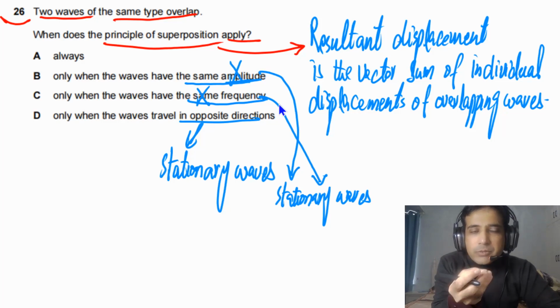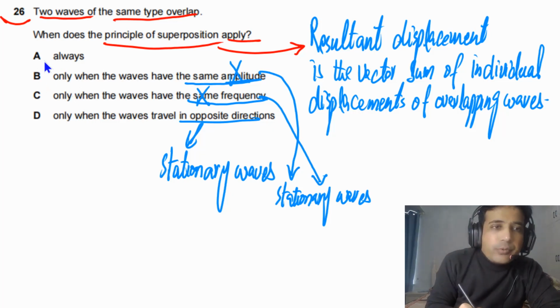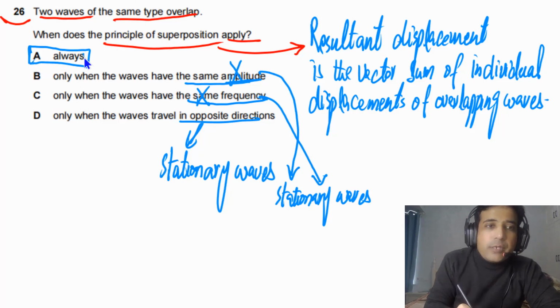With the help of this principle, we can simply find the resultant displacement at any point. So the principle of superposition always applies if waves are of the same type. So the answer for this question is A.